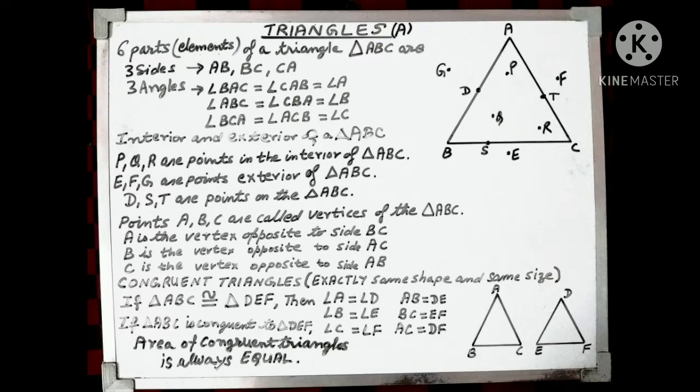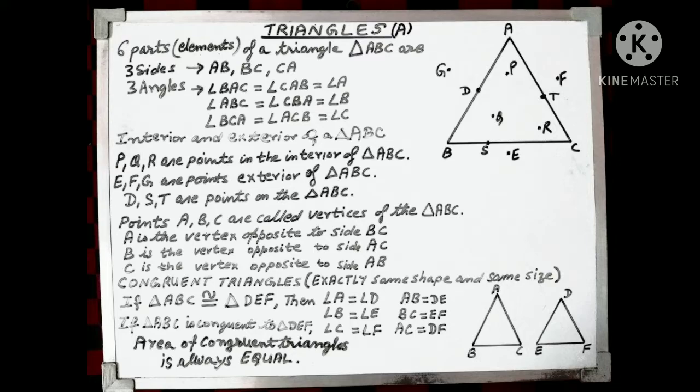The points E, F, G are exterior to the triangle ABC. And the points D, S and T are on the triangle ABC. I hope you got it.